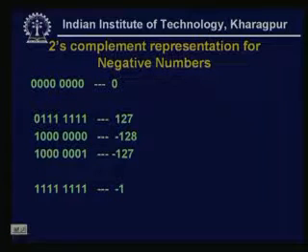So here only a unique representation of 0 is there. This is valid. This overcomes the problem of the double representation of 0, that confusion it overcomes. So we represent negative numbers by 2's complement.